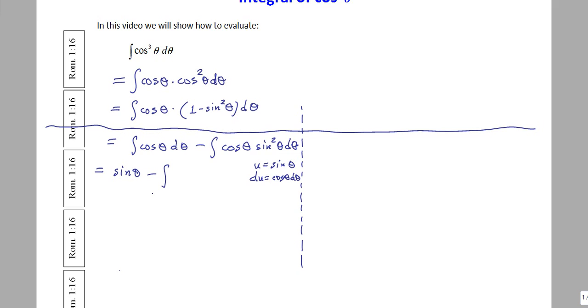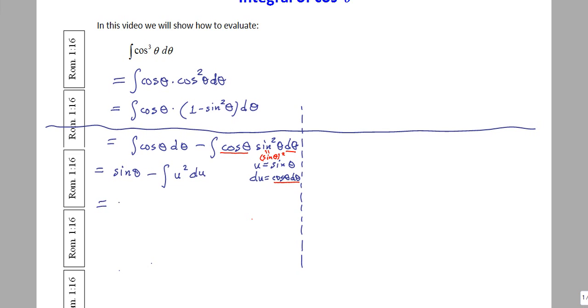Notice that I have a cos theta d theta, and that's exactly equal to du. Moreover, I can write sine squared theta as sine of theta squared, and since sine theta is u, I've got u squared times du. So that's pretty harmless.